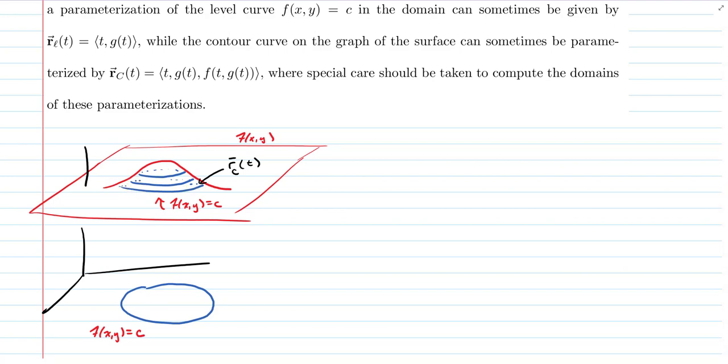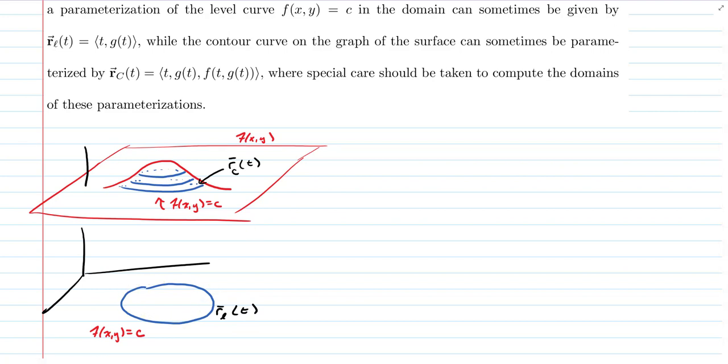So what we're first going to come up with is the parameterization of this level curve, and then it's just an easy step to take this level curve and bump it back up onto our function. So the question now becomes, how do we find a parameterization, and before that, how do we find an equation for this level curve?